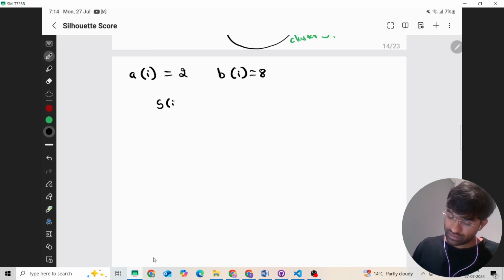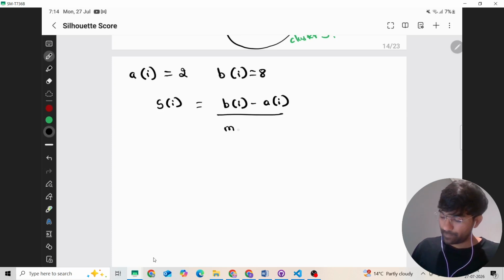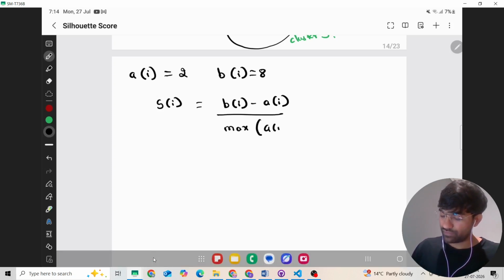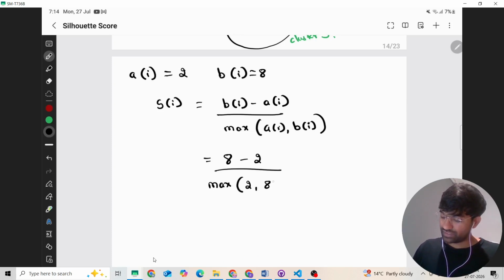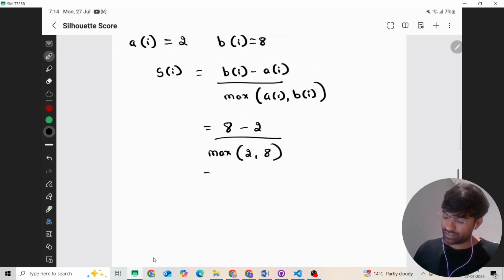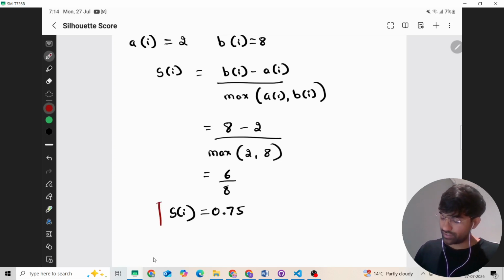Now let's substitute that in the formula: B of I minus A of I divided by max of A of I comma B of I. If I substitute the values, 8 minus 2 divided by max of 2 comma 8, this will be 6 by 8, that is equal to 0.75. So this is the Silhouette score I have derived.